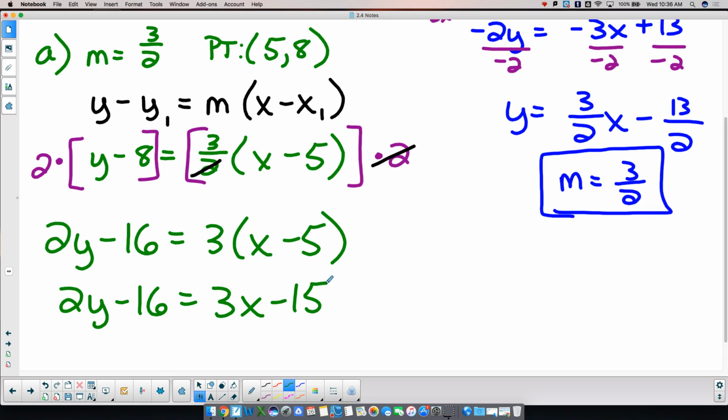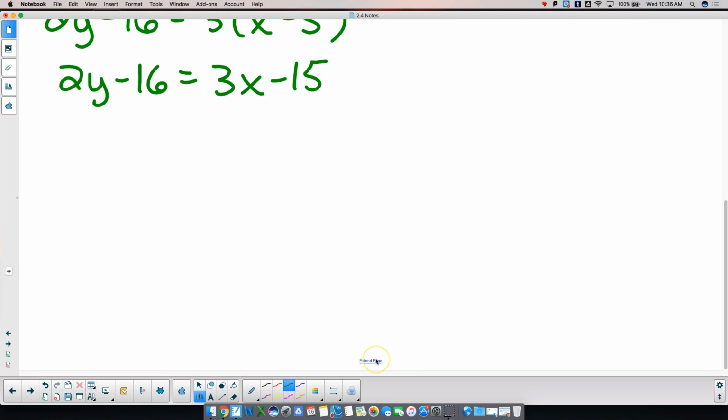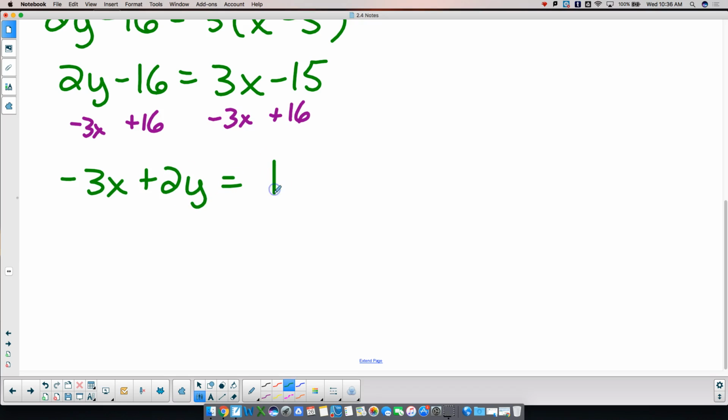No fractions, right? So that's good. We got condition number 1 satisfied. Next, we got to make sure that x and y are on the same side. So I'm going to subtract 3x, and I'm going to add 16. That's going to give me negative 3x plus 2y equals positive 1.